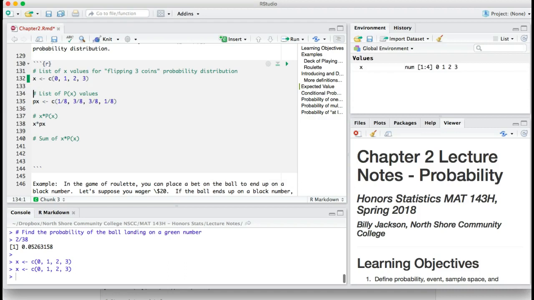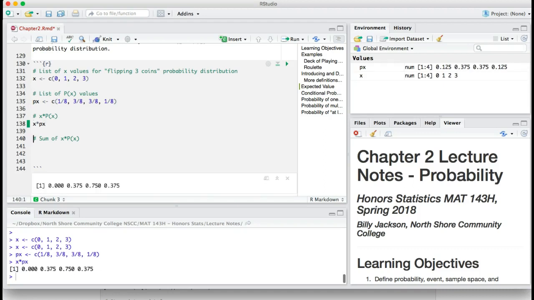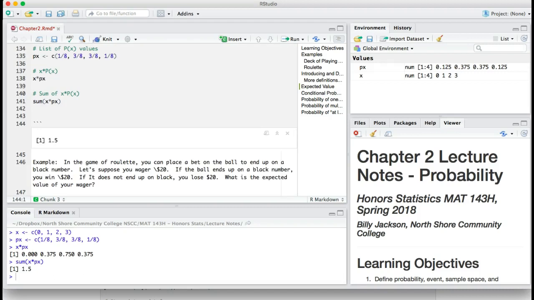Okay, I'm going to store x in my environment, then I store p of x in my environment. Then I find all of my x times p of x values, which you see are given down here in the console. Then you find the sum of those x times p of x's, and you see a value of 1.5, which is exactly what we thought we would get. So that's how to find expected value.